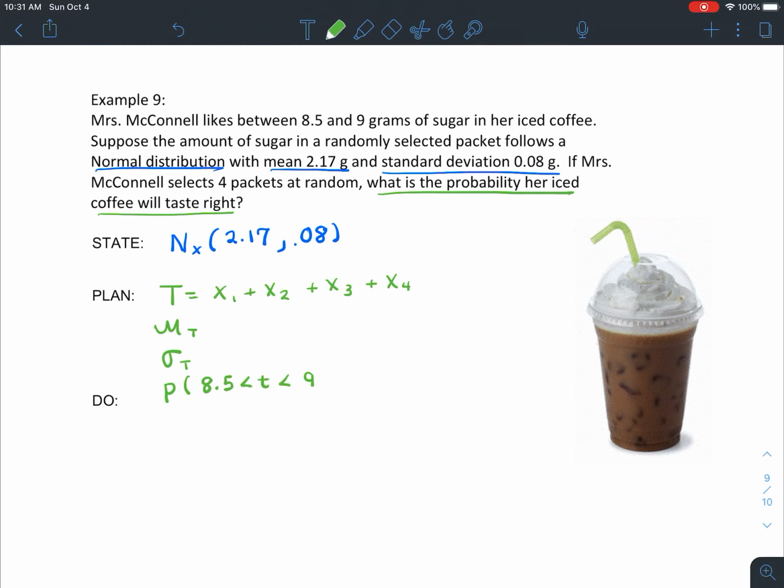So we're going to need to calculate the mean of T and the standard deviation of T. Once we have that, we will be able to answer the probability question: what is the likelihood that my iced coffee would have a total amount of sugar less than 9 but greater than 8.5 grams? So there is the plan step.